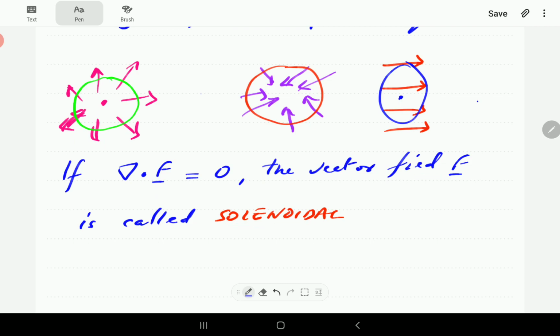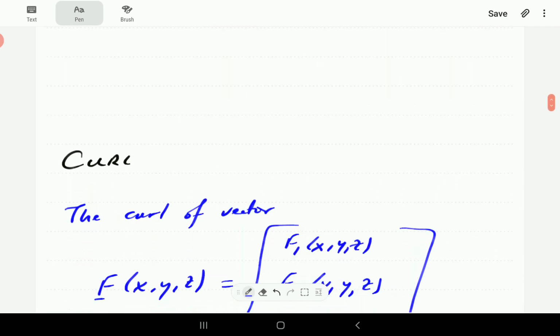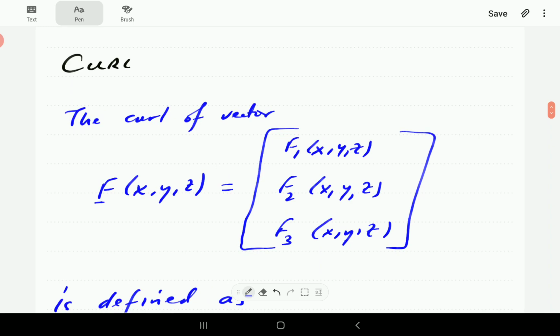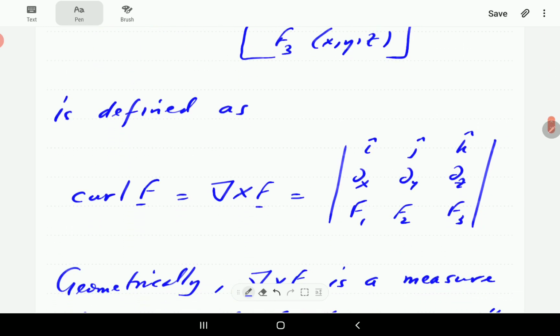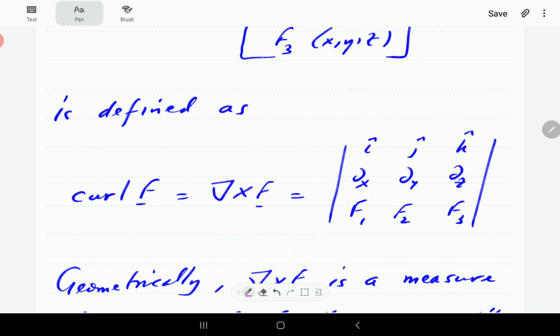That is in terms of the divergence. Then the other quantity is the curl of a vector. The curl of a vector f is defined as the cross product, del cross f, where del is the operator that we introduced a bit earlier.